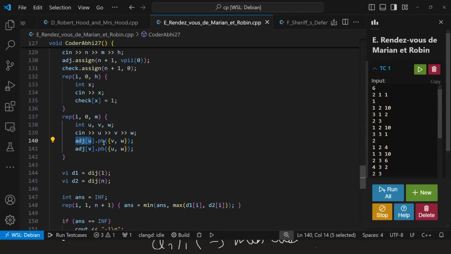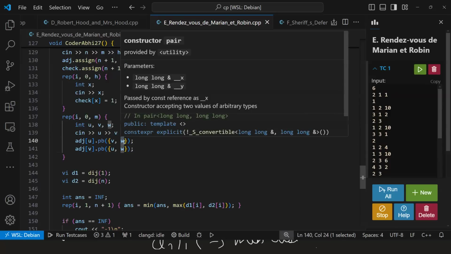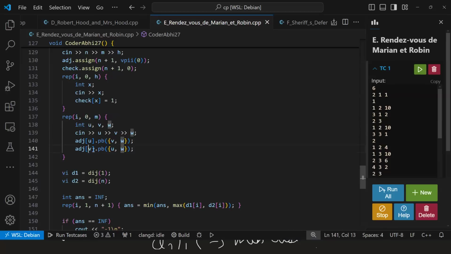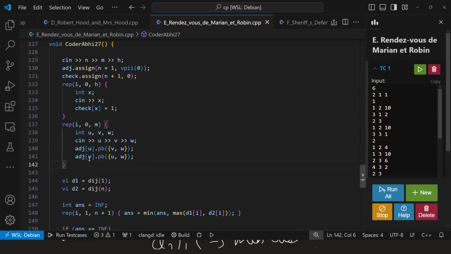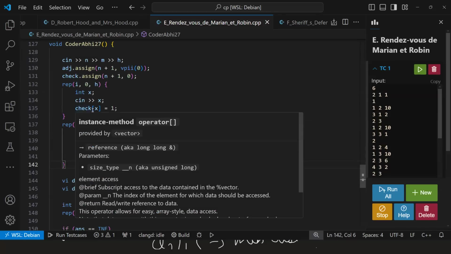So adjacency u, in that I'll push back v comma w. So in dot first I would have the vertex, and in dot second I would have the weight of that edge from u to v. Since this is a bidirected edge, I am doing both of them, from u to v and v to u. So this is the input part for my graph.